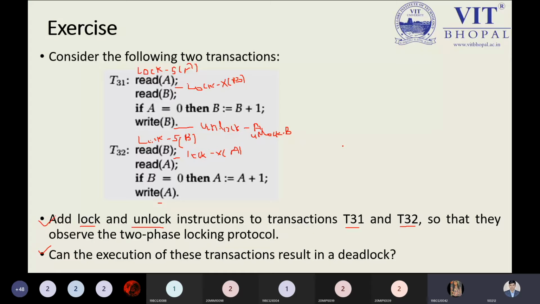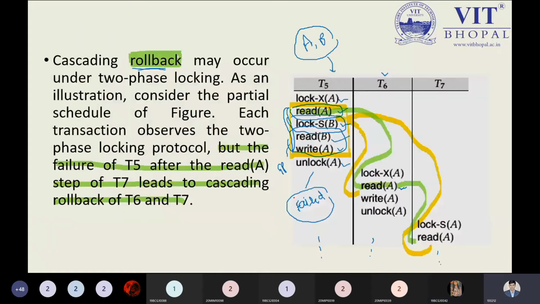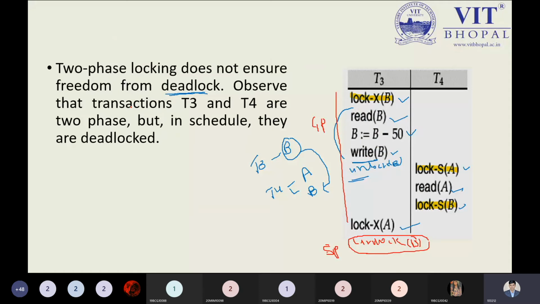Because in both the transactions we are unlocking both A and B locks. Okay, but as I told you, two-phase locking does not ensure freedom from deadlock. There's no guarantee. There's some chance we can have it, but there's no guarantee.